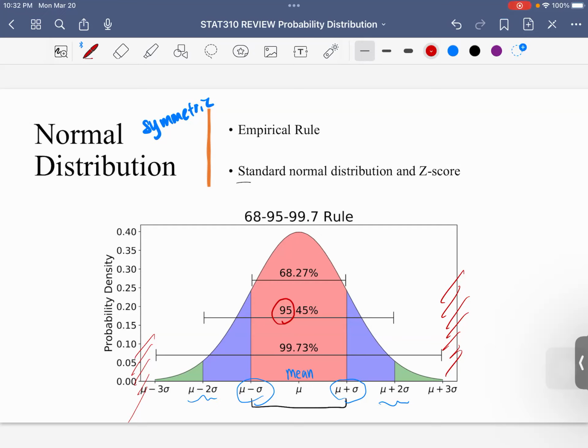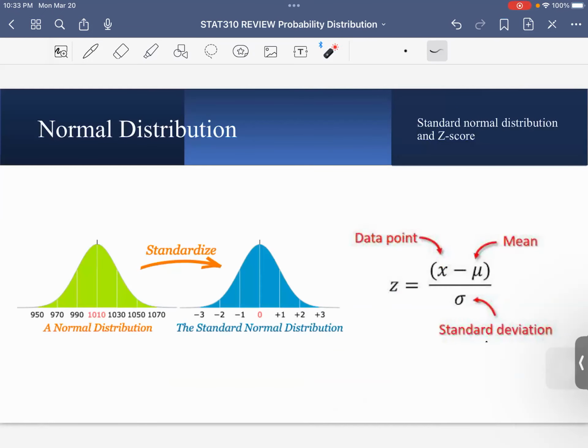The other thing is that we need to do a transformation to the standard normal distribution, and you need to calculate the z-score. On the left-hand side, this is a normal distribution, which, as you can see, has a mean mu equal to 1010, and a standard deviation sigma of 20, because you can see this is 20.